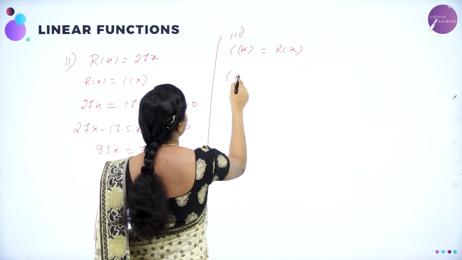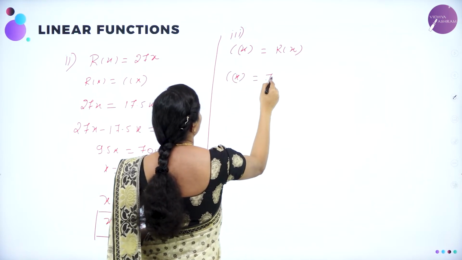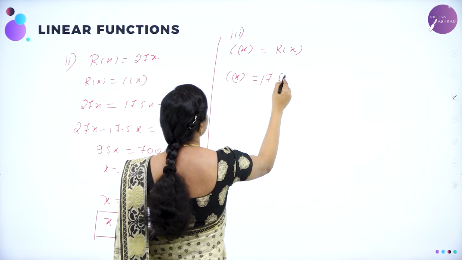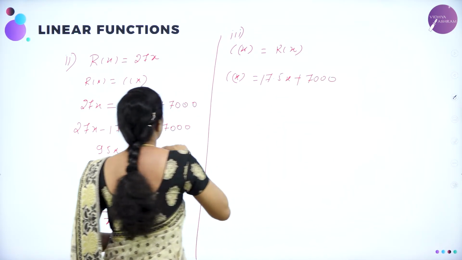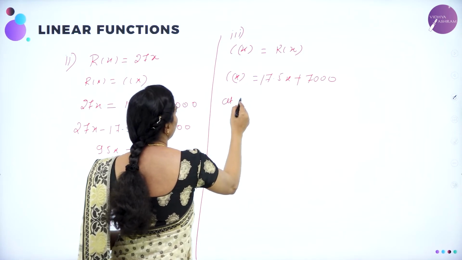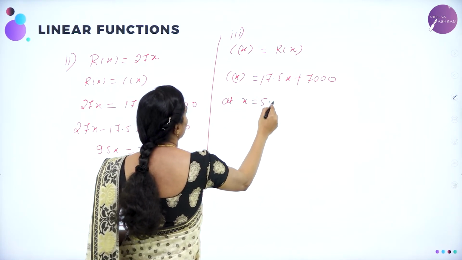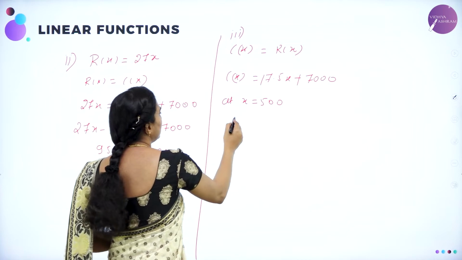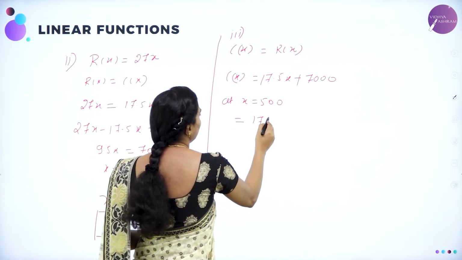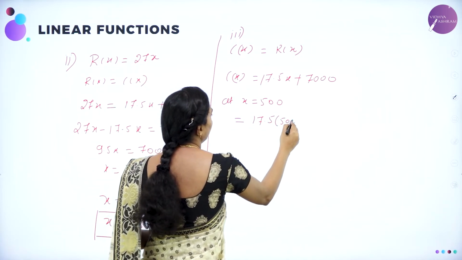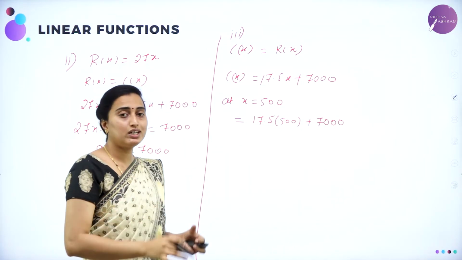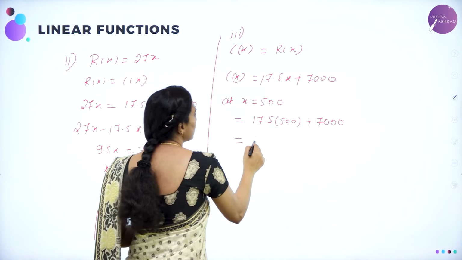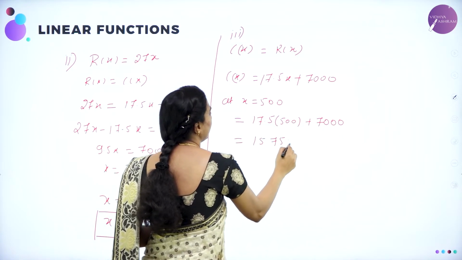Now let us find out the C of X at 17.5x plus 7000, isn't it? Now at x equal to 500, what are you going to get? Which will be equal to 17.5 into 500 plus 7,000. So the total calculation will give you the answer 15,750.